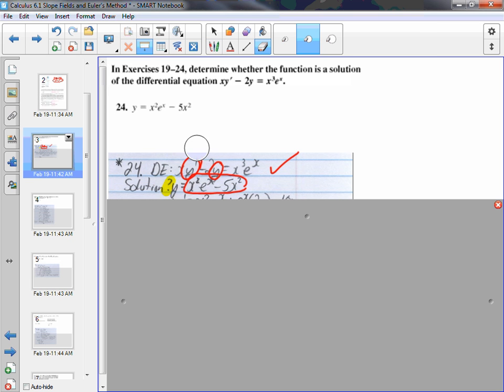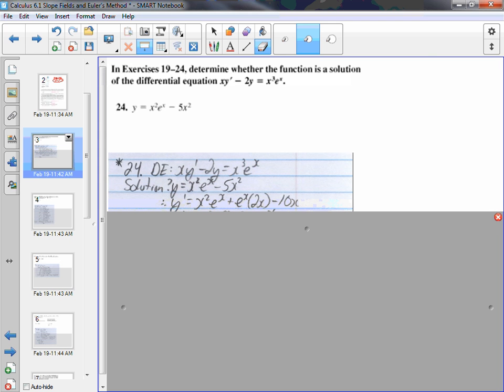So if y equals x squared e to the x minus 5x squared, we need to start off with the product rule. So y prime equals, well, the derivative of x squared e to the x will be first function, x squared, times the derivative of the second, derivative of e to the x is e to the x, plus the second function, e to the x, times the derivative of x squared, which is 2x.